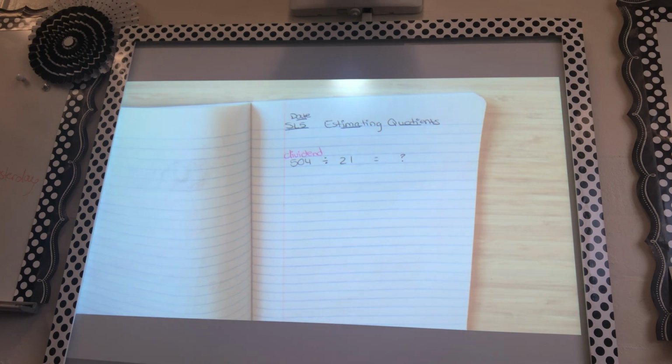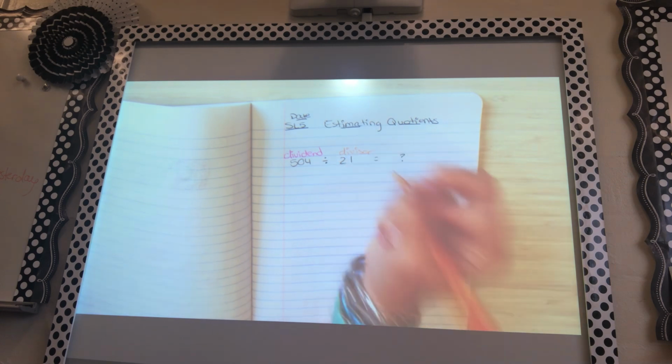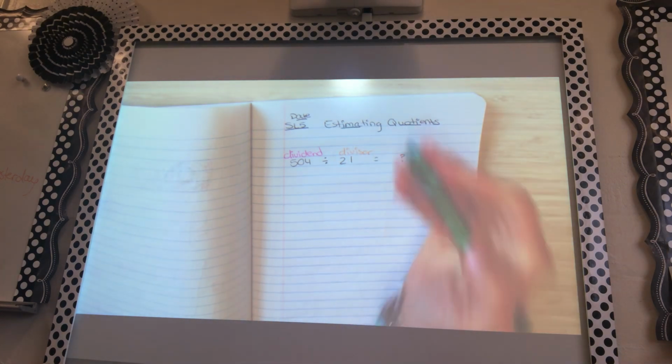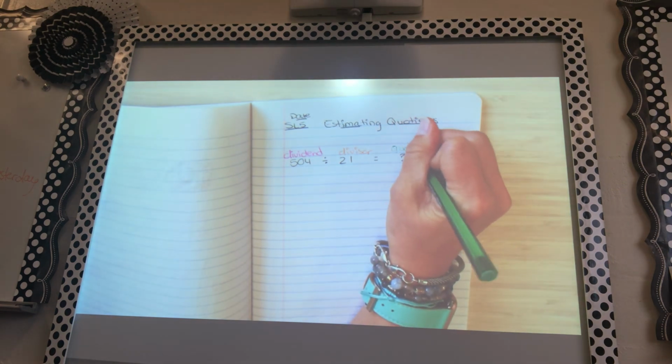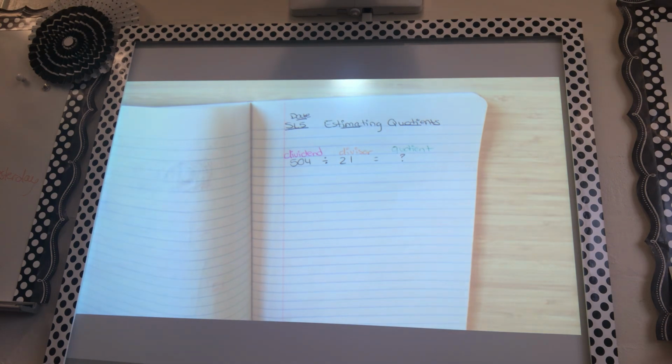Our divisor represents our groups, and our quotient would be how many are in that group once we divide them up. So you can use inverse operations to find some help with your estimating.